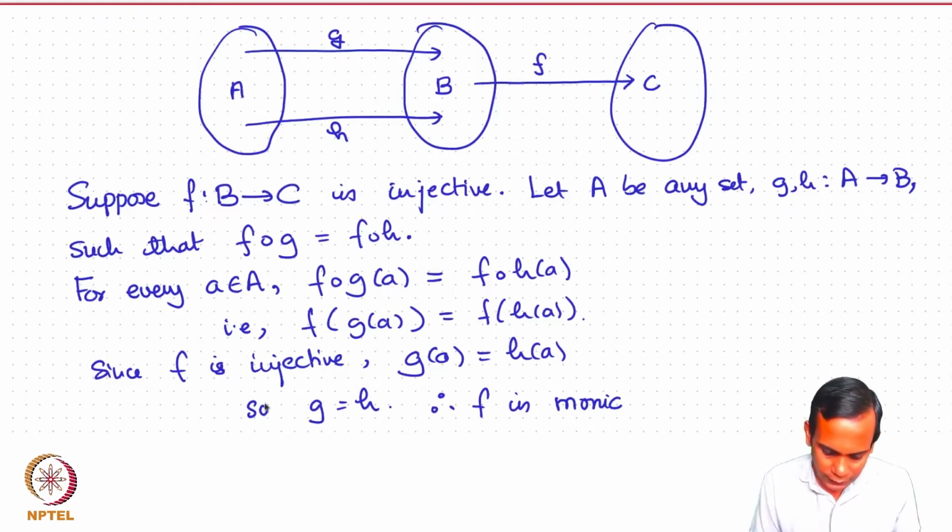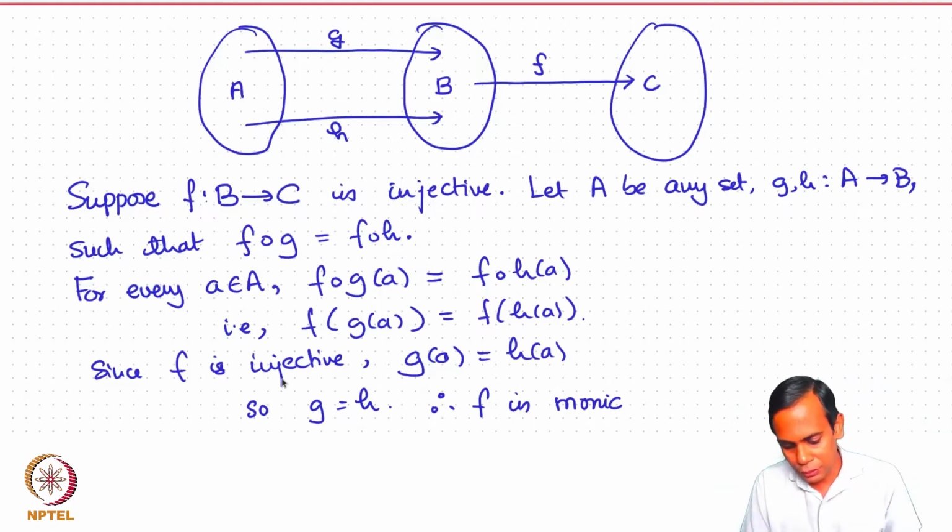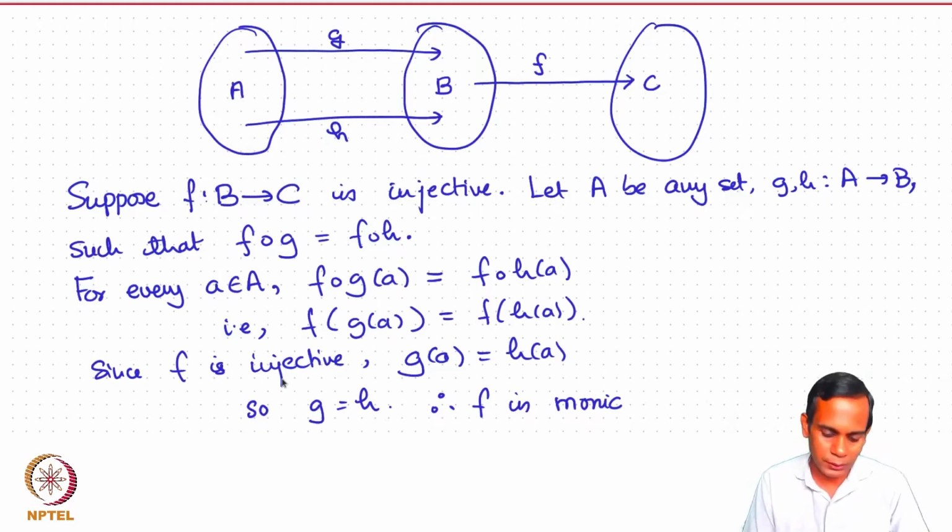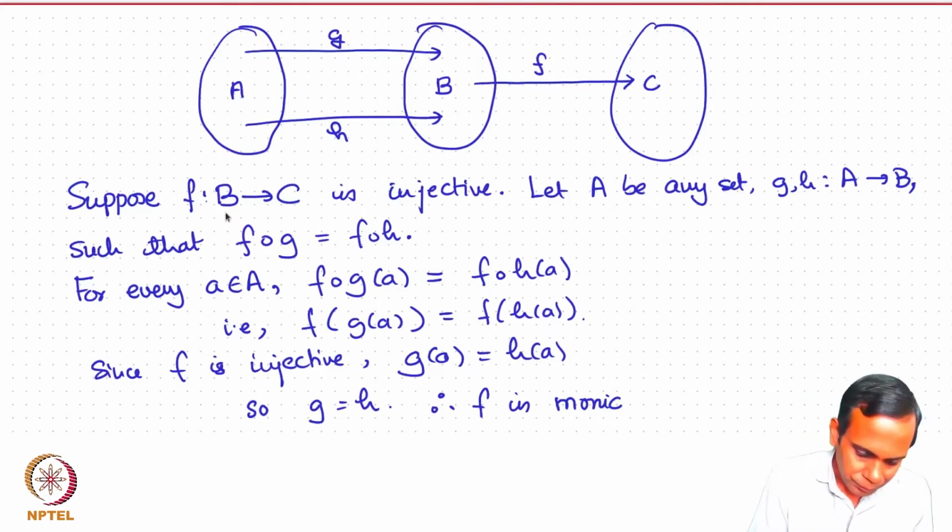For the converse, we need to start with this situation and show that f is injective, but instead we'll prove the contrapositive. We'll show that if f is not injective, then you can find a set A and construct functions g and h from A to B such that g is not equal to h, but f circle g is equal to f circle h.